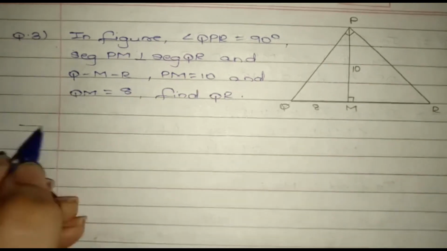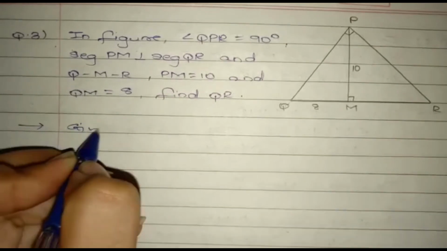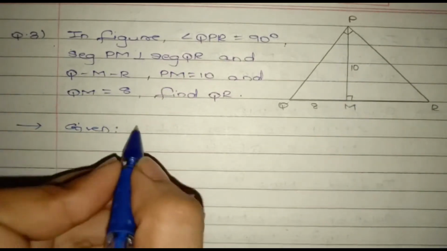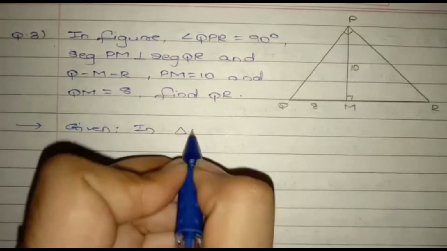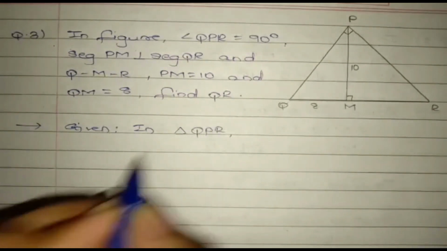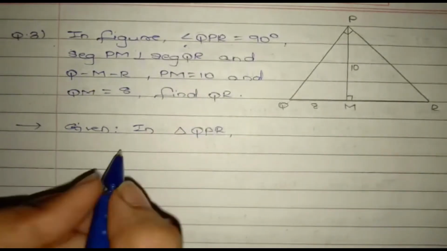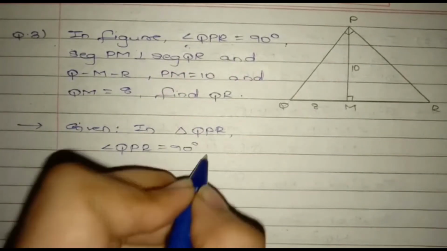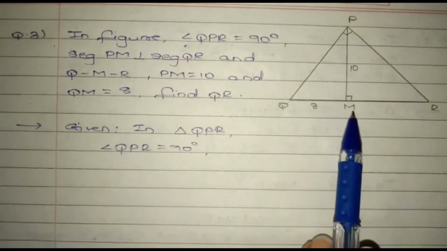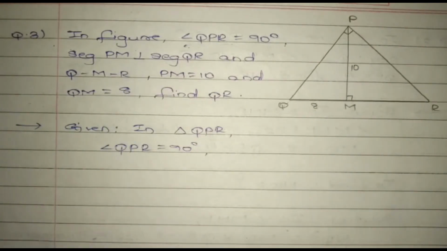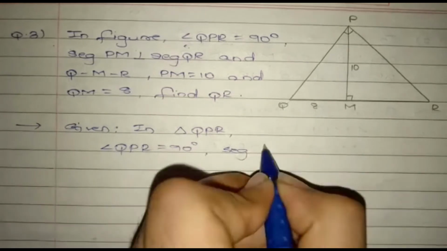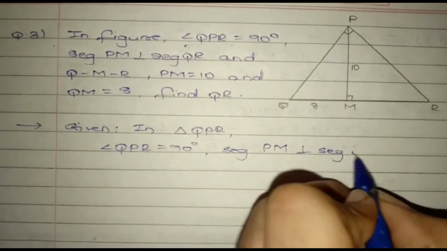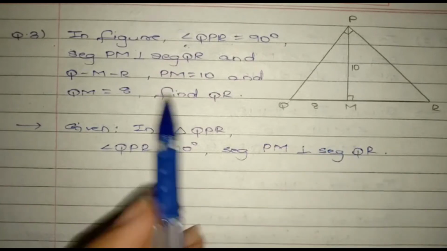So let us start. Given in triangle QPR, angle QPR is 90 and PM is perpendicular to QR. Segment PM is perpendicular to segment QR.